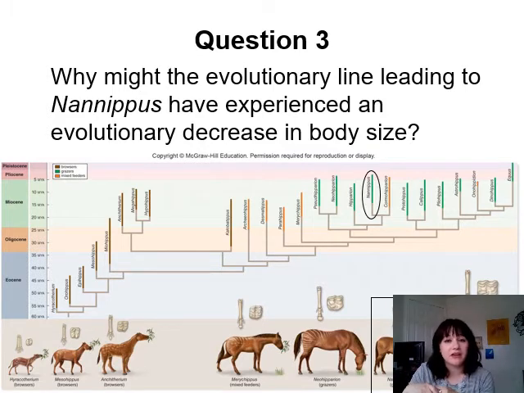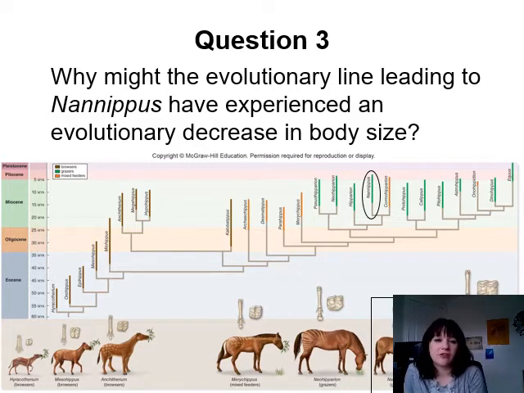And then the last thing was that that trait had to have a genetic component, right? So we can see that genes for body size are being passed down over time. So we know there is a genetic component to body size. So what do you think is happening with this Nanopus genera? So we talked about that second condition, that which traits are selected for, which are beneficial and which aren't, is dependent upon the environment.